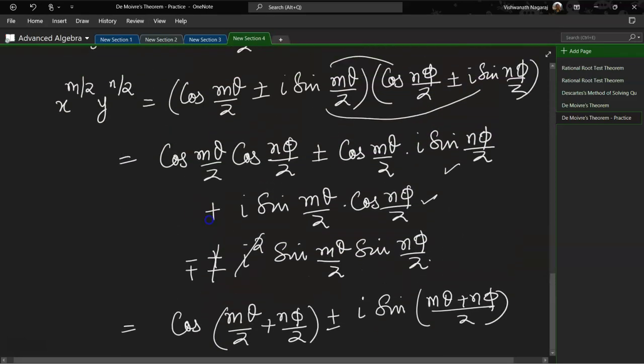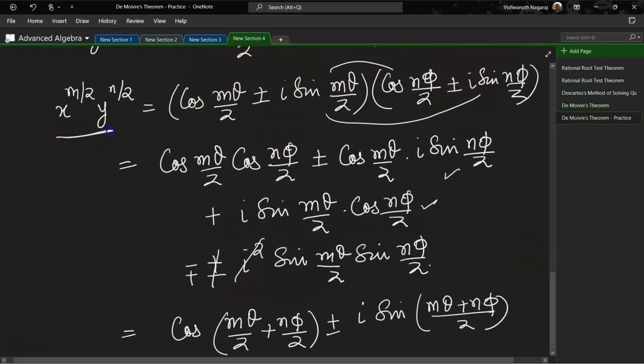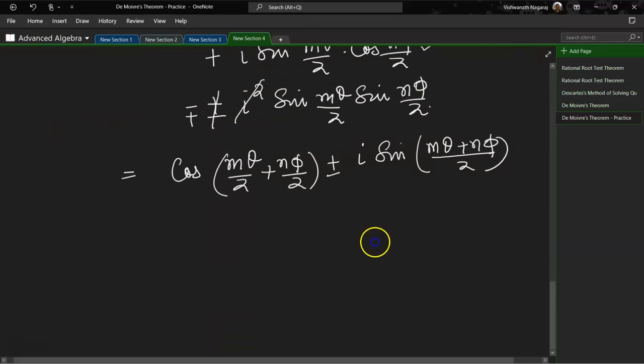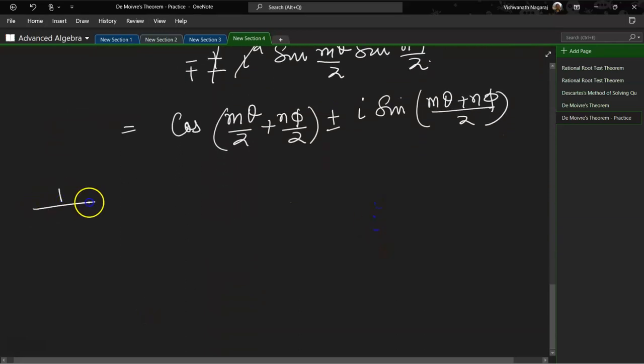We have got this now, x to the power of m by 2 times y to the power of n by 2. Now we want the reciprocal of that, that is 1 by square root of x to the power of m y to the power of n, which is nothing but 1 by x to the power of m by 2 y to the power of n by 2.